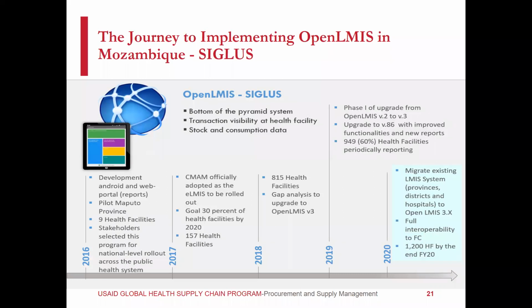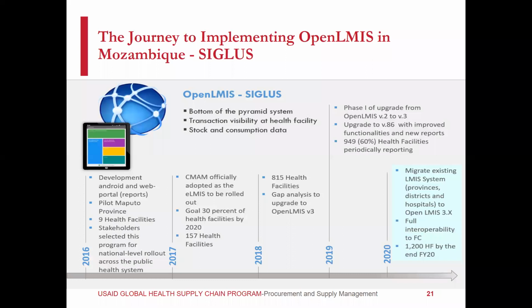So in 2018, we already had 815 health facilities using OpenLMIS, to say that we had already reached more than 50% of health facilities. That is 20% more than planned for 2020. Oh, that was great.